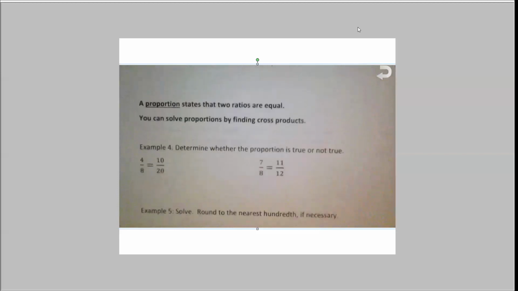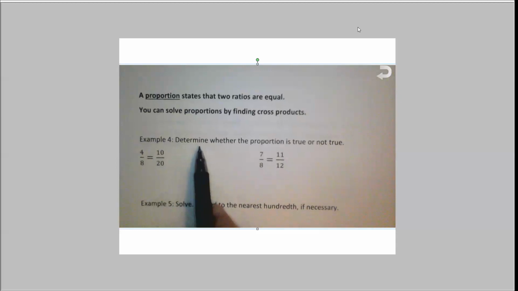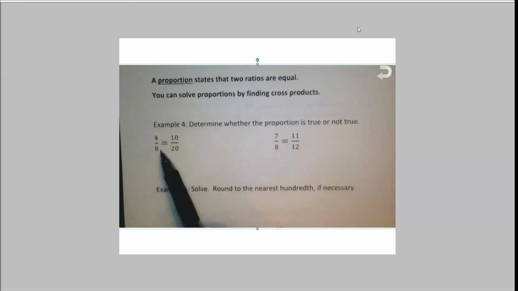A new definition is a proportion, and it says a proportion states that 2 ratios are equal, and you can solve proportions by finding cross products. In example 4, it says to determine whether the proportion is true or not, does 4/8 equal 10/20?